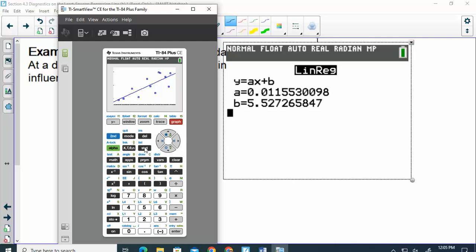So if I go back to my list, and I want to go to the end, and my X was 300. My Y is 12.49. Let's get our new equation from that.